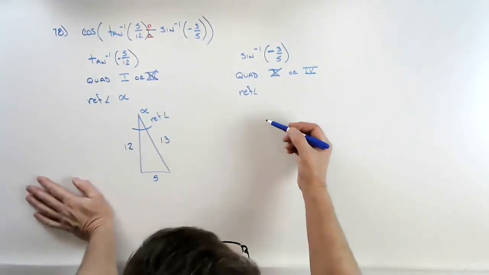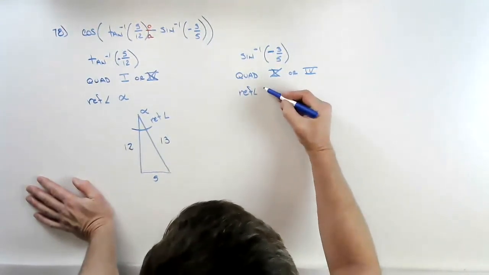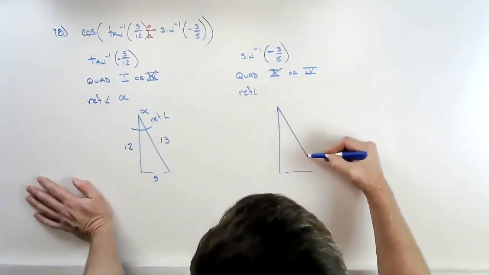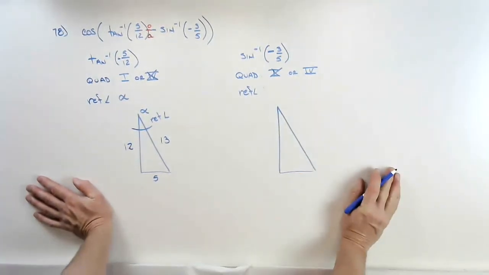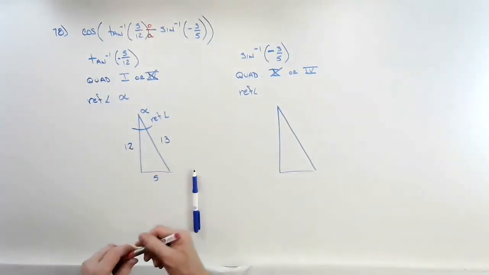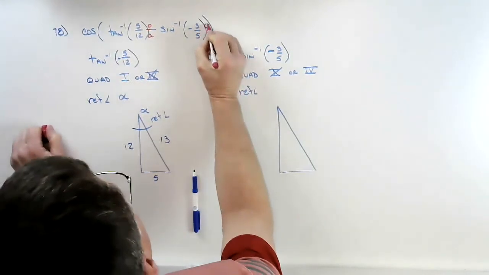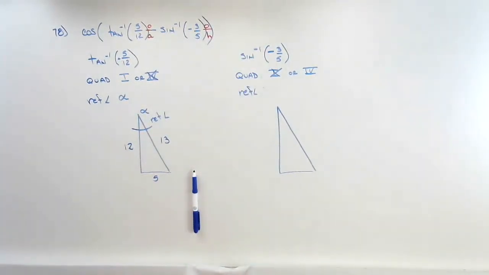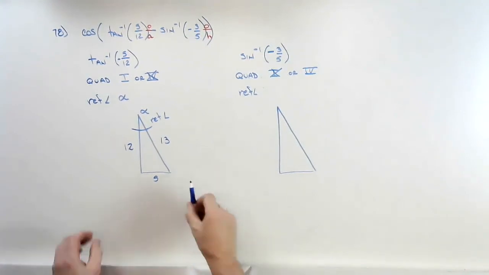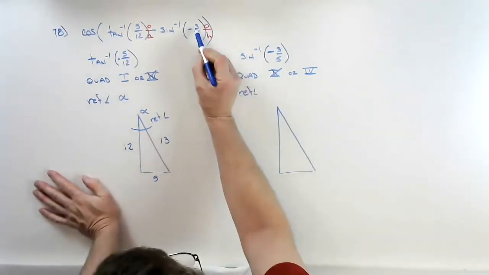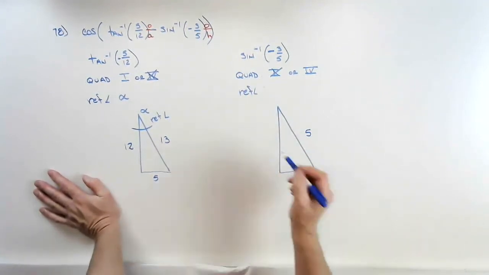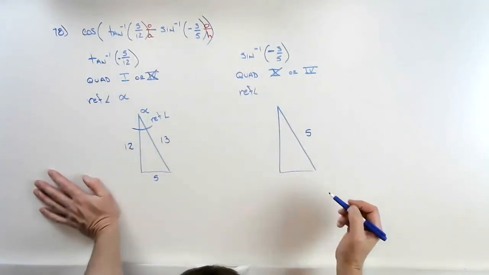Over here, I'm going to again try to find my reference angle. I'm going to draw any old right triangle. Any right triangle will do. Sine is opposite over hypotenuse. So that's a leg. That's the hypotenuse. Hypotenuse is 5. One of my legs is 3. Now I know this triangle.